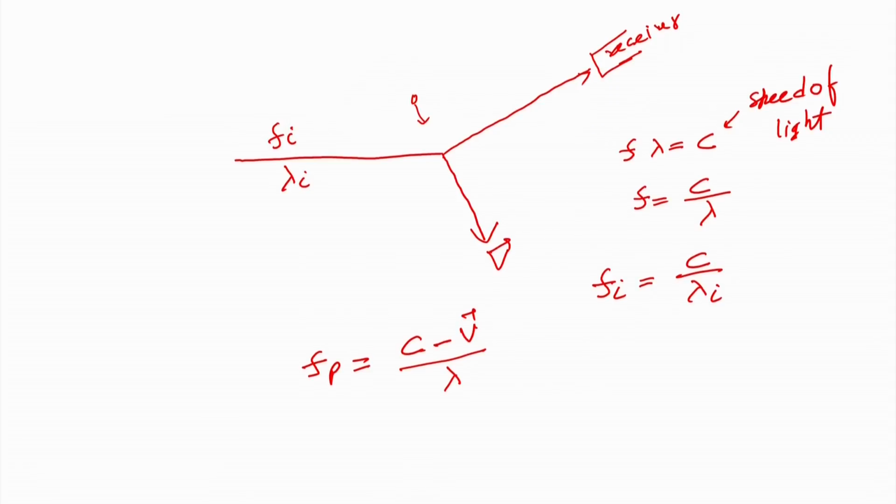It means if the velocity is in this direction, the direction at which the light has been incident, this will be minus. If it is the opposite direction, then this will be plus, and that is why I am introducing a unit vector I, whose value is 1 if it is parallel to the incident direction, and minus 1 if it is opposite to the incident direction.